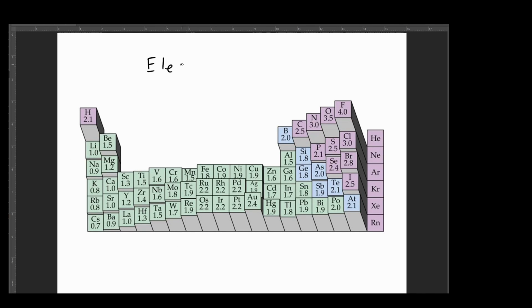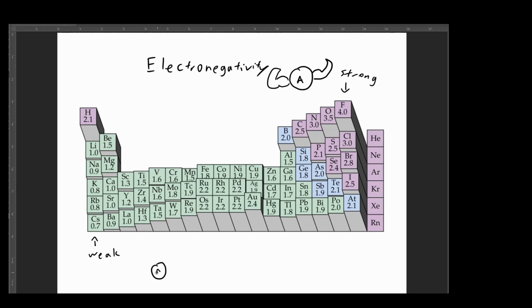So the sure way to tell apart these kinds of bonds is by looking at the atoms' electronegativities. Electronegativity is basically a number indicating how strongly your atom is pulling at the electrons. And the higher the number, the stronger the atom is.